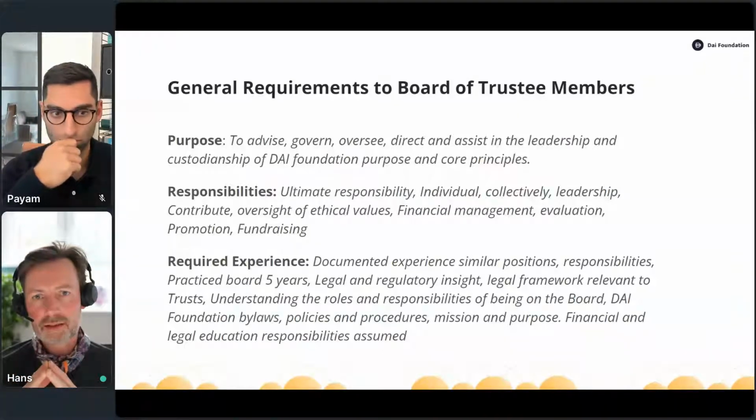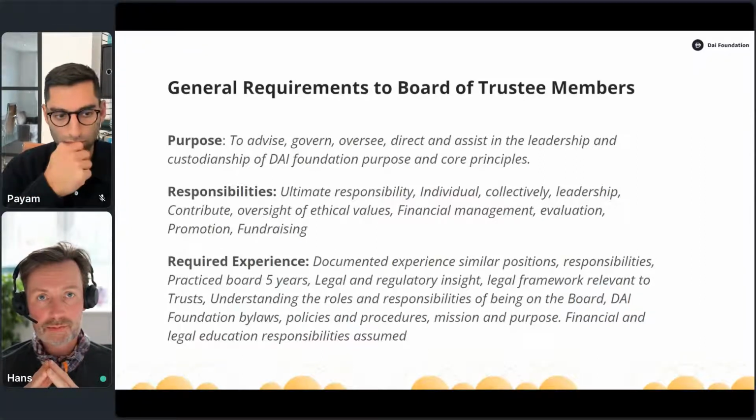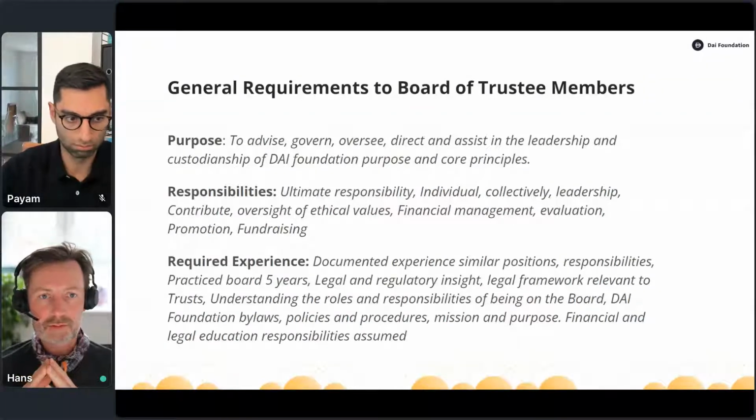That is where everyone has a responsibility in the board and also together in the board. Of course, you need to know the Dai Foundation purpose and core principles, and you need to live up to those principles. Otherwise, you do not deserve to be on this board.